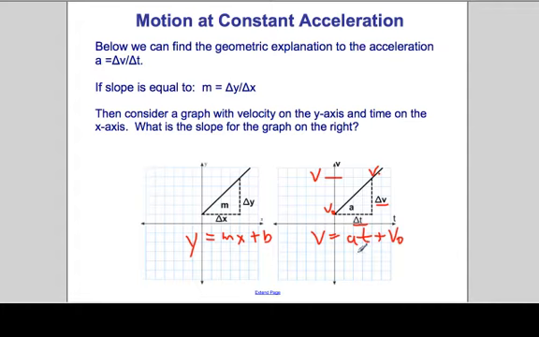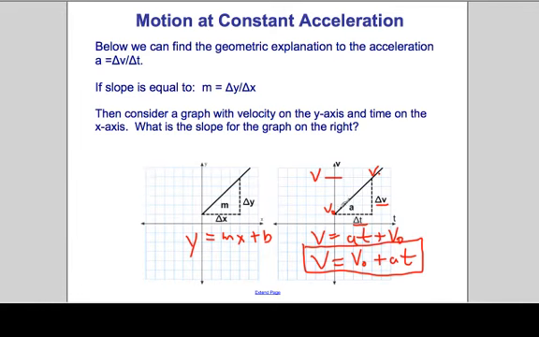This isn't very familiar the way it's written, so let's just rewrite it. The final speed is the initial speed plus the acceleration times the time. So interesting. This graph gives birth, if you will, to our kinematic equation number 1.